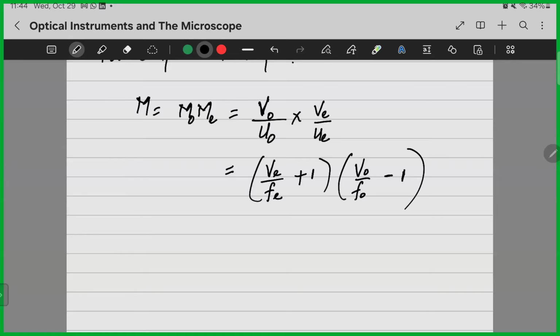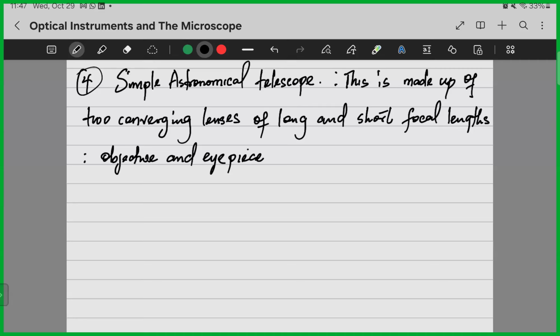But we'll get to see some other things about it. So it's made up of 2 converging lenses of long and short focal length. And those converging lenses are objective and eyepiece. Let me write it better. Sorry about that.